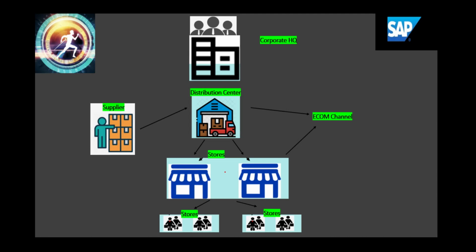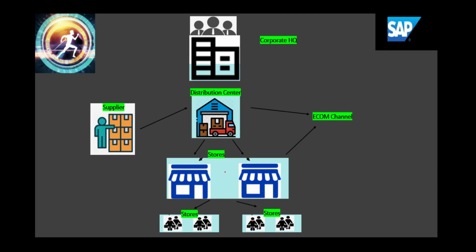If anything goes wrong in this integration or in the flow of data, it could potentially result in a revenue loss. For a retail operation, it is important that we have the right product at the right location, at the right price, and at the right quality. If you can meet all these things, you can make a big profit out of this business.